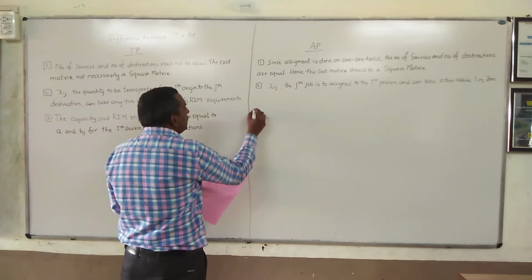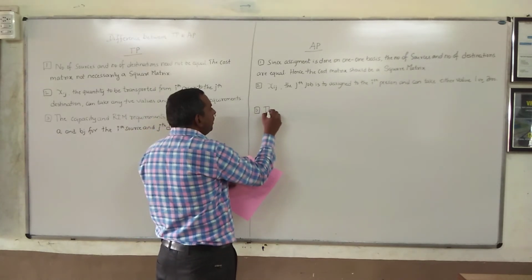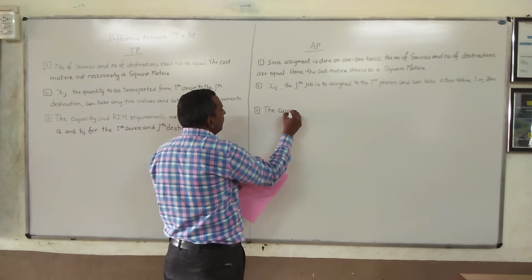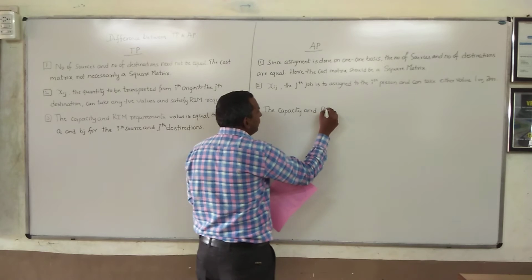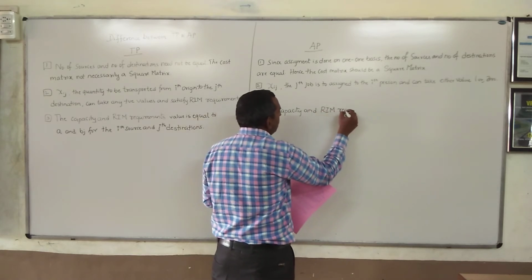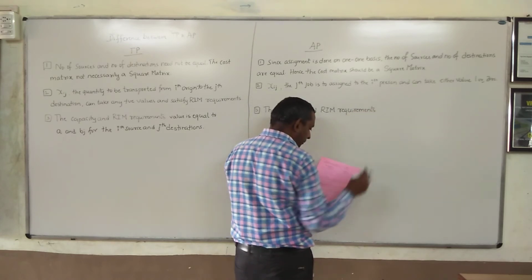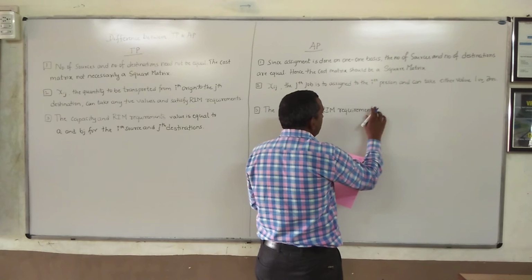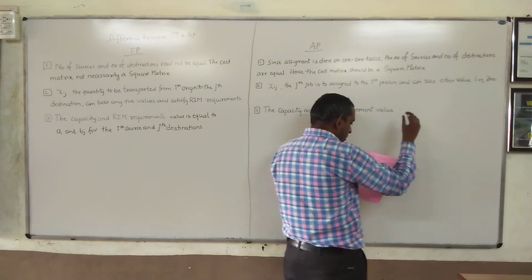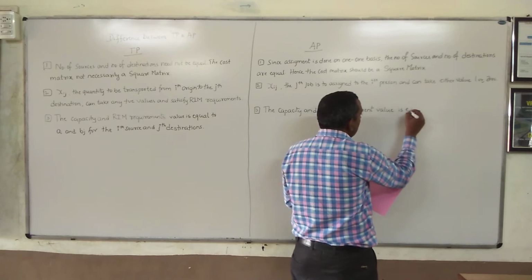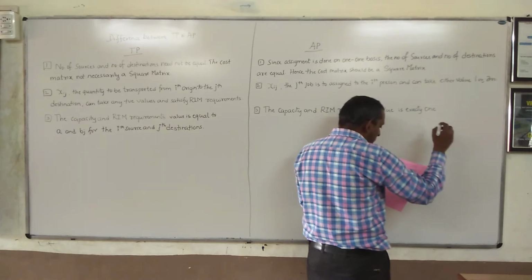Fine. So the third one here, the capacity and rim requirements value is exactly 1.